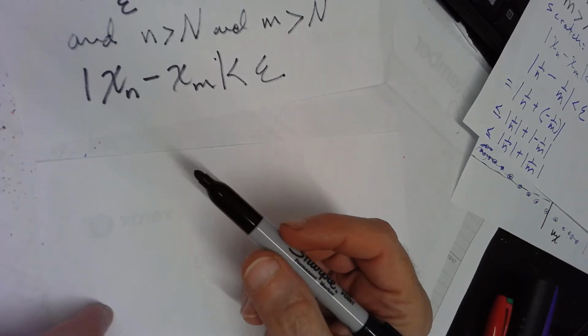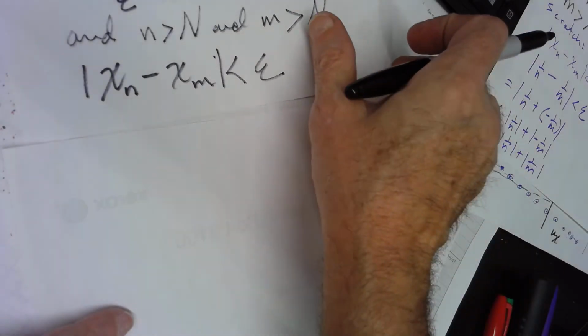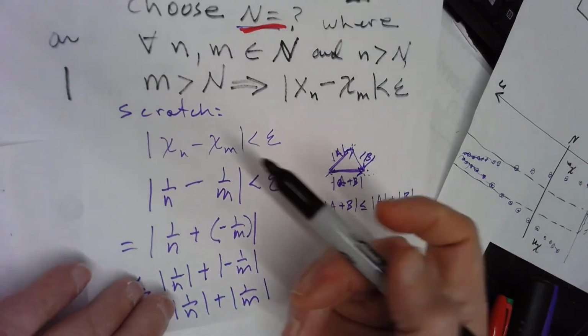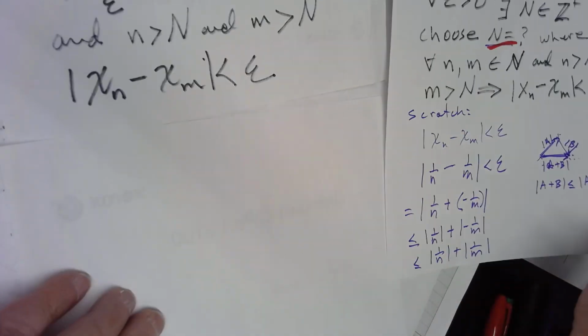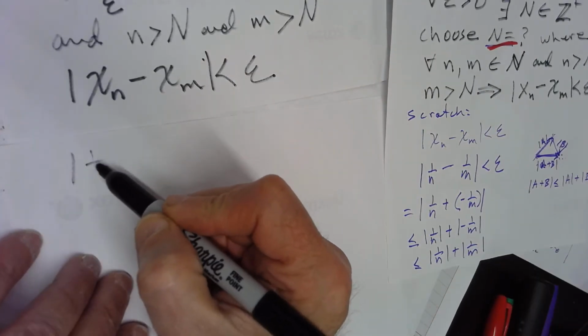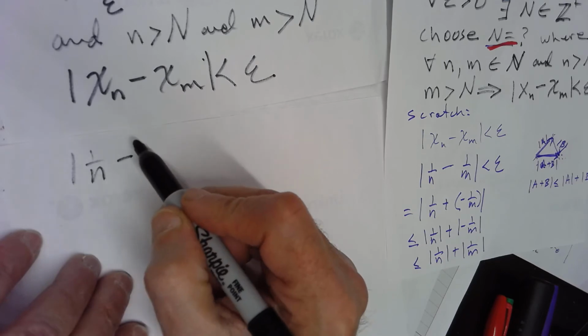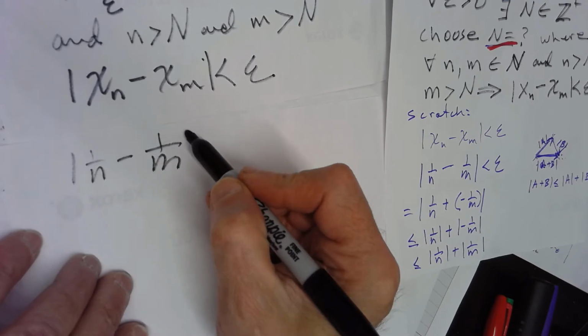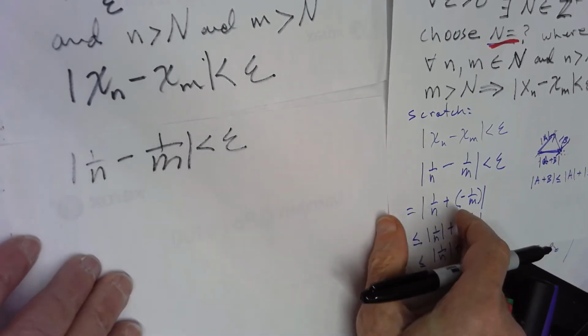Okay, so from here we go back through our steps again. So basically we're here, right, and we're putting in 1 over n minus 1 over m, that's less than epsilon.